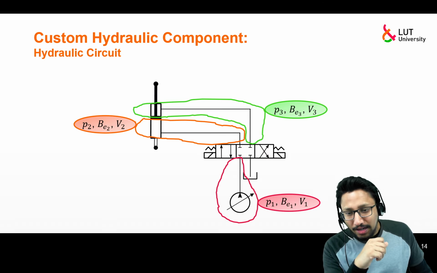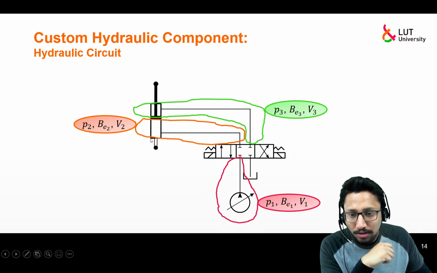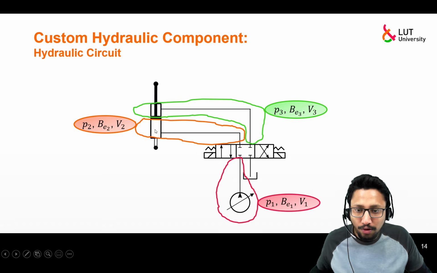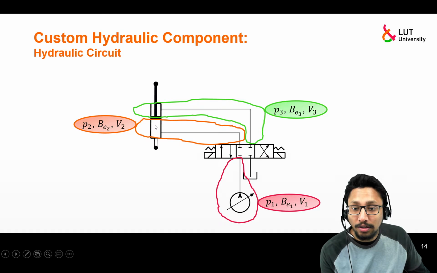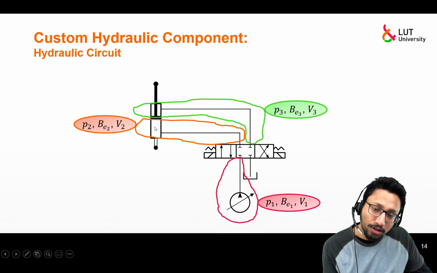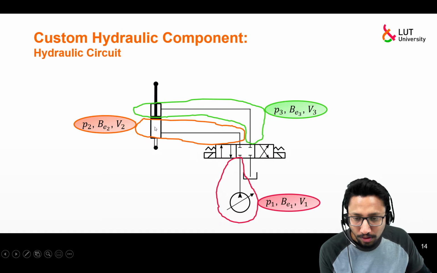So basically we have this part of the hydraulic cylinder where we have a certain volume, and the bulk modulus of the material of the hydraulic cylinder is provided to you. Then this connecting hose has a certain volume, and the bulk modulus of this connecting hose needs to be determined.